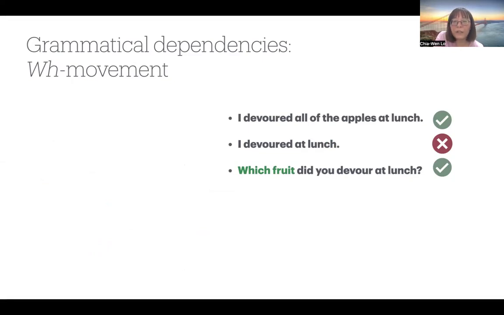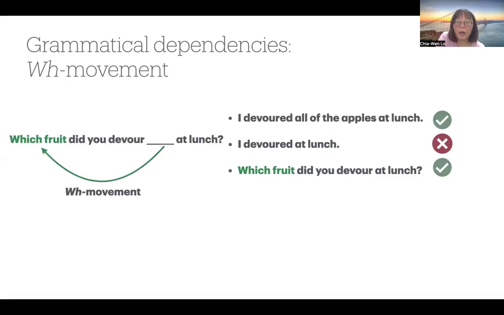In the second sentence, you can see that it's ungrammatical to say only "I devoured at lunch." So we move the WH word to the front of the sentence, which means there is actually a gap after the verb. In English questions, we move the WH word from the gap to the beginning of the sentence.